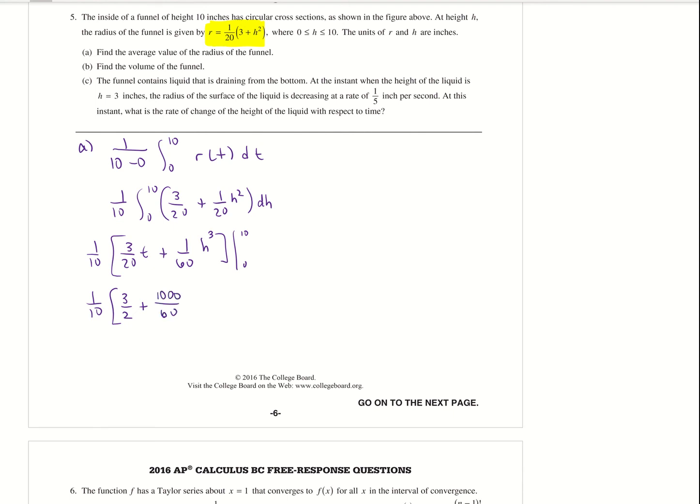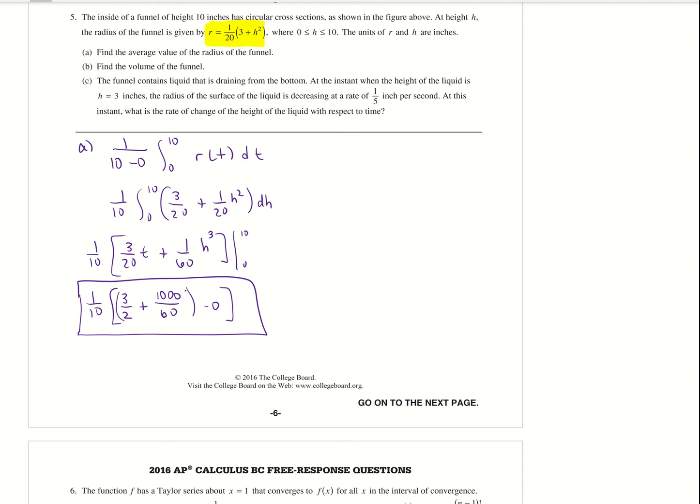I'm not going to simplify it, so whatever. And then minus 0, which you actually don't have to write. And I would leave it like that. I would not compute that further. I think in the scoring guidelines, they did simplify that for us, so you could look at that. I didn't write it down to see what that would be.